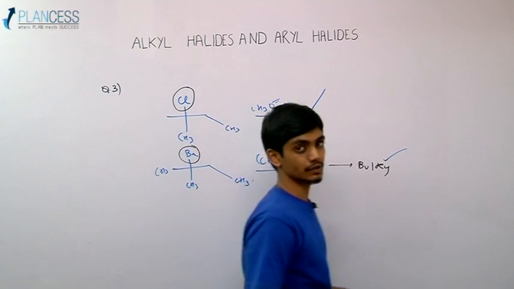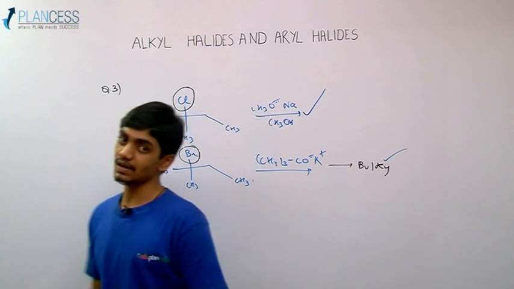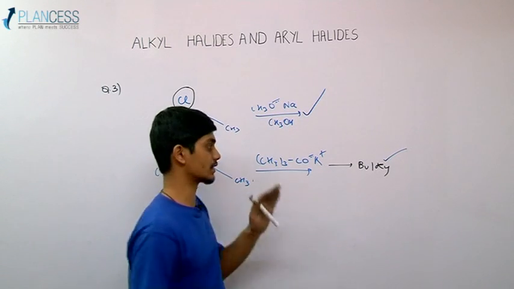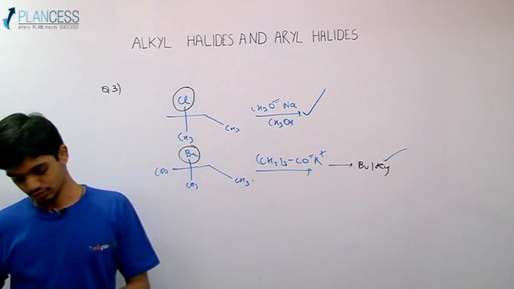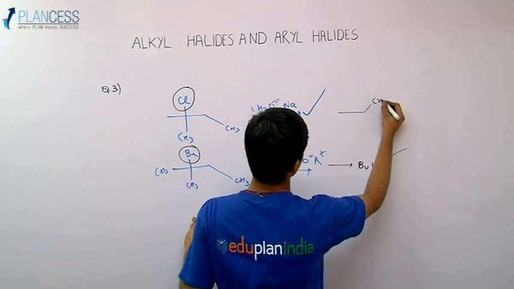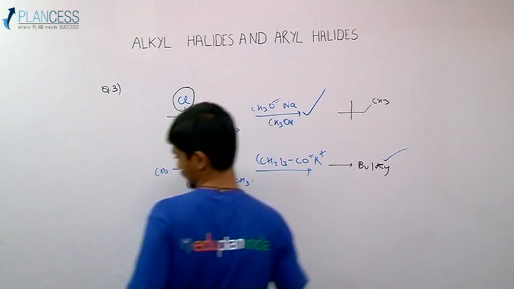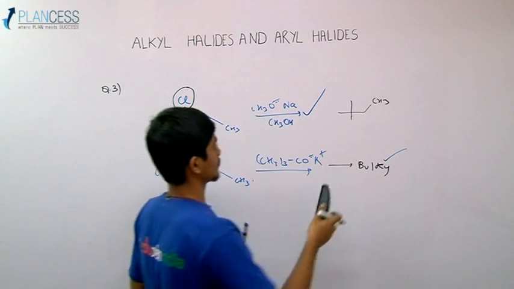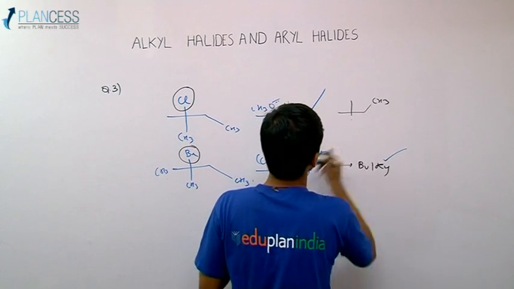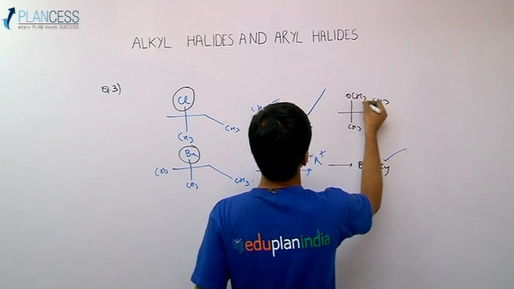That also gives us a clue that here we must write the major product as the substitution one, and here the elimination one. So if we write the substitution product over here, we can just write CH3, CH3, CH3, OCH3, CH3.